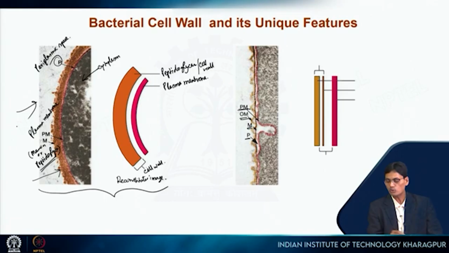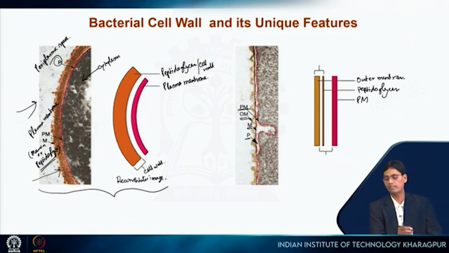So now, particularly if I label here, this is plasma membrane, and this is peptidoglycan, and this is outer membrane, which is absent here.